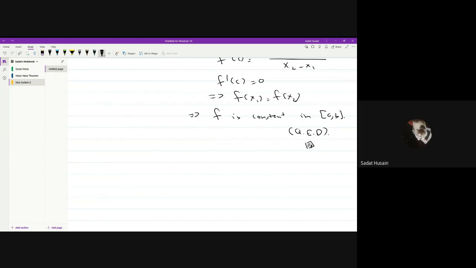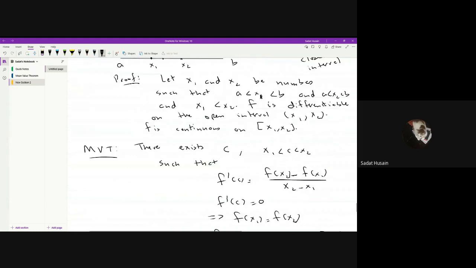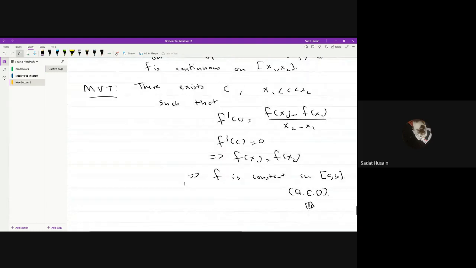Now the proof isn't all that important. I just wanted to show you how it comes from the mean value theorem, right? This isn't exactly Rolle's theorem. Here f prime of c is equal to 0, that's Rolle's theorem. But what was Rolle's theorem?